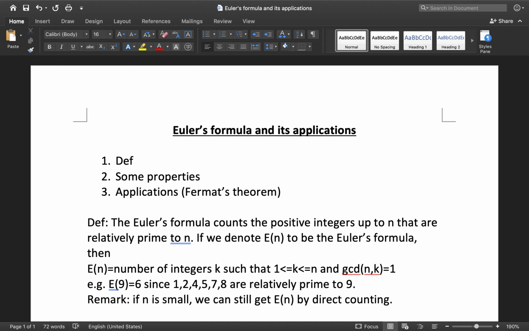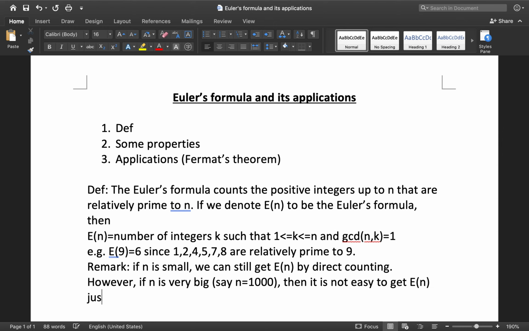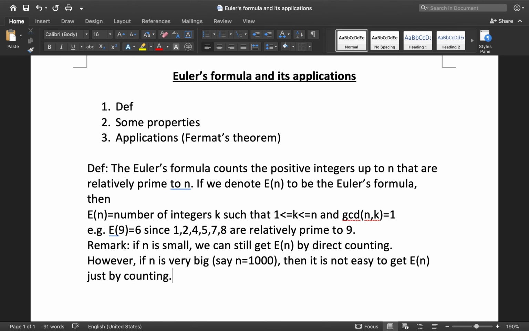However, if n is very big, say 1000, then it is not easy to compute En just by counting. It's almost impossible, I would say, because it's just too many.